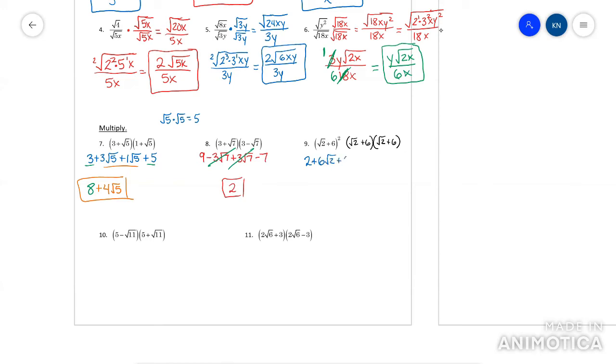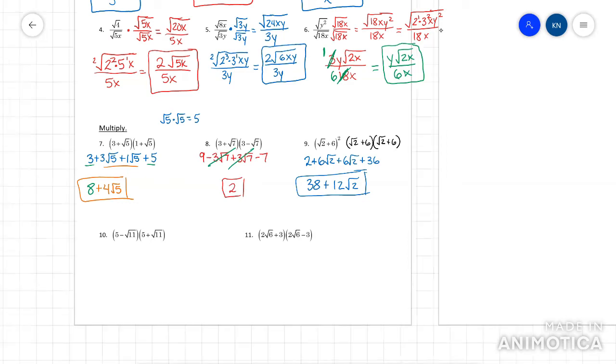The inside is 6 root 2 as well. And then the L of this would be 6 times 6, which is 36. So combine all your like terms and you get 38 plus 12 root 2. And if you're wondering, can I combine that 38 and the 12 and just call it 50 root 2? The answer is no. They are not like terms.